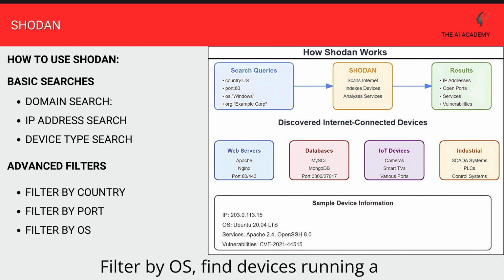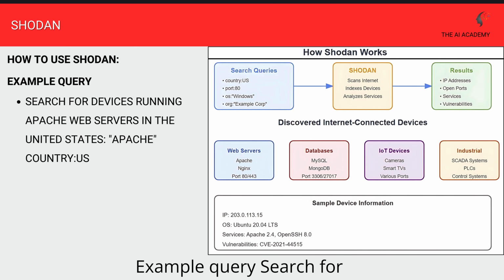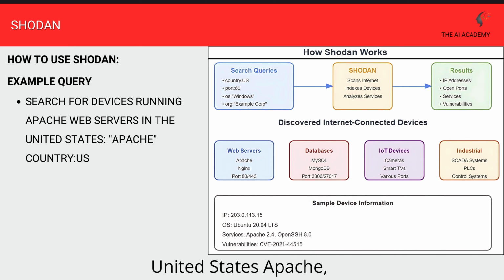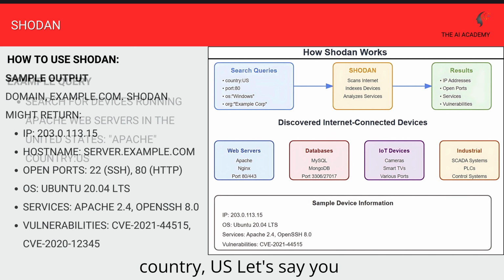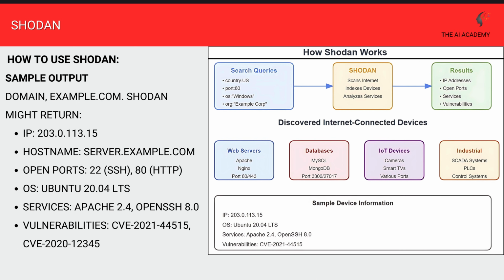Filter by OS to find devices running a specific operating system, for example, OS:Windows. Example query: search for devices running Apache web servers in the United States: Apache country:US. Let's say you search for a domain, example.com.